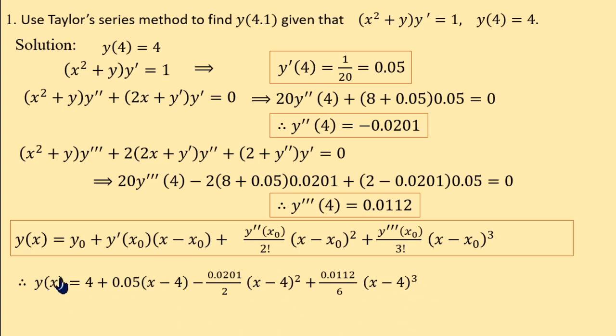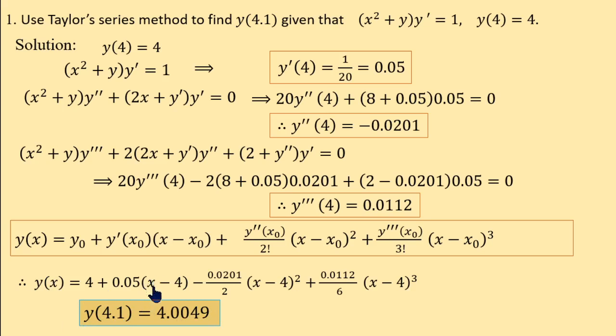Therefore, y at 4.1 is 4 plus 0.05 into 0.1 minus 0.0201 by 2 into 0.1 square plus 0.0112 by 6 into 0.1 cube. Therefore, y at 4.1 is 4.0049.